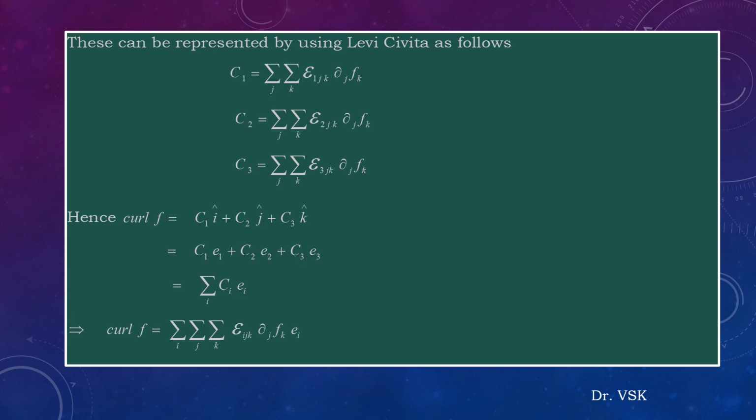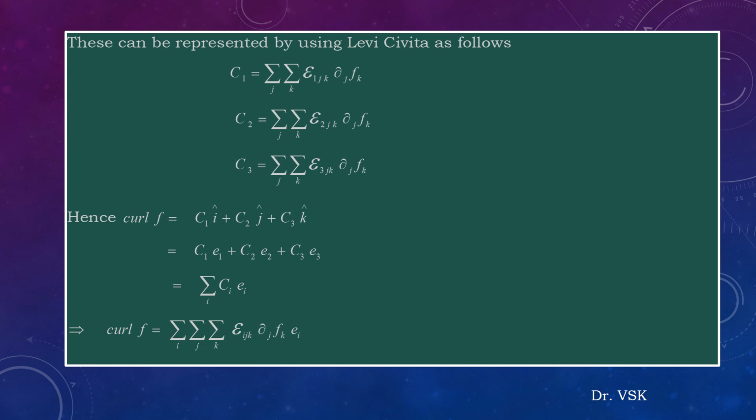Now let us take the second term, that is epsilon sub 12k ∂2 Fk. Here if we put k equals 1, epsilon becomes epsilon 121, that is 0 because 1 repeats twice. If we put k equals 2, epsilon becomes epsilon sub 122, that is also 0 because 2 repeats twice.